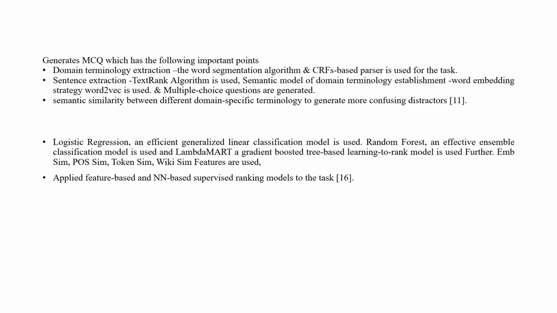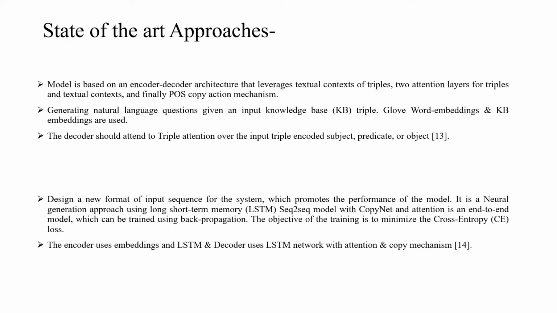For that, similarity features like embedding similarity, part of speech similarity, token similarity, Wikipedia similarity can be used here. Feature based and neural network based supervised ranking models are used for such a task.